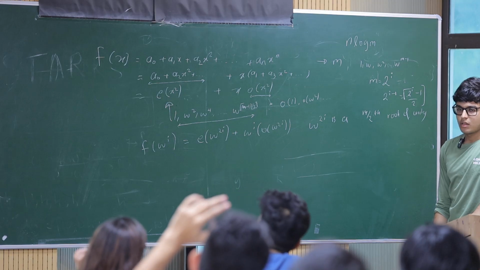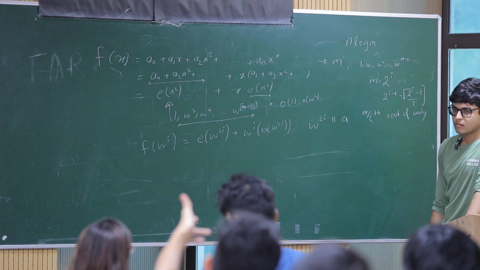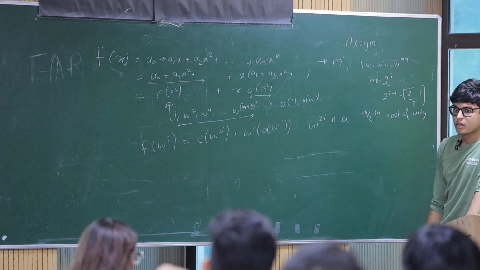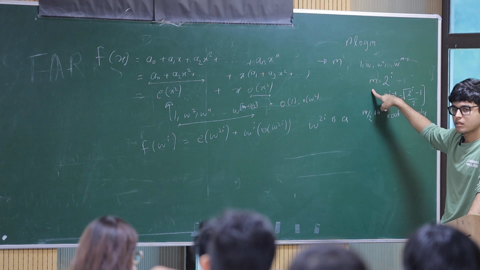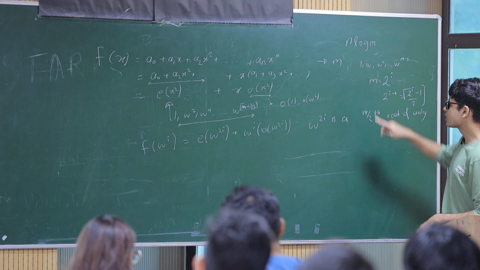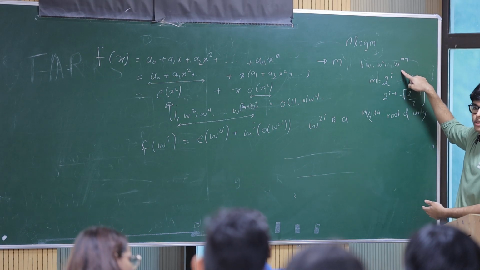Is it not m to the power i minus 1 by 2? They're half of that number. Yeah, half of m. So initially I want to evaluate this polynomial on the m roots of unity.